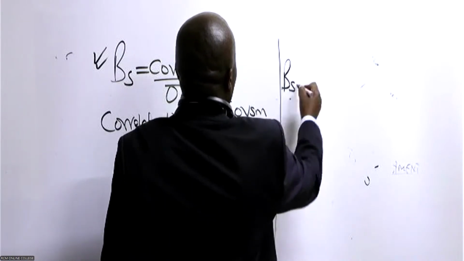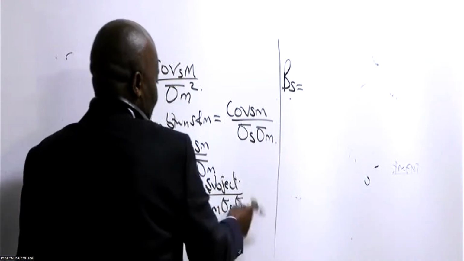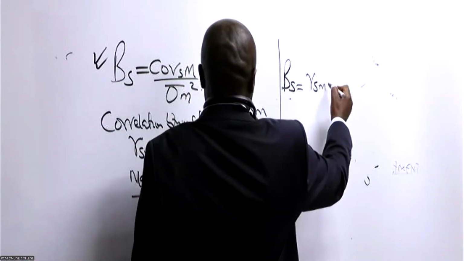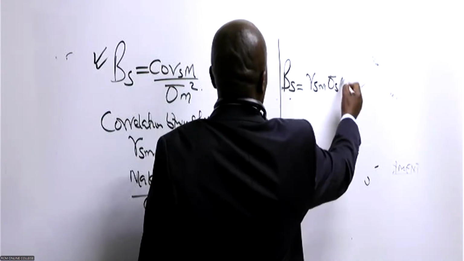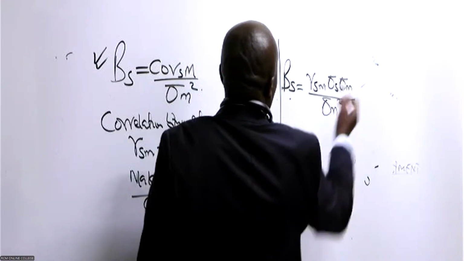So then this beta of S, instead of writing covariance, please write this: RSM, standard deviation S, standard deviation M over standard deviation M squared.